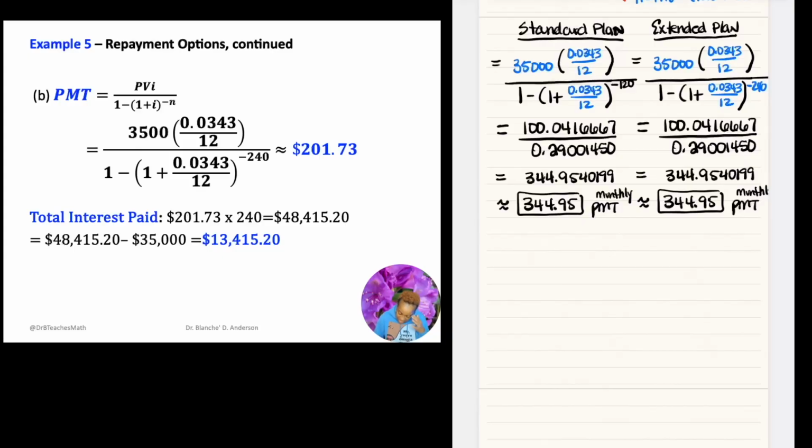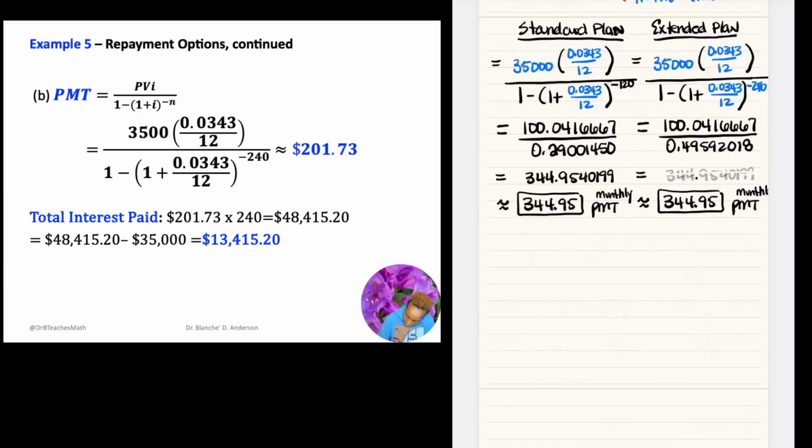So the numerator is the same, but this denominator, when you do the math in your calculator, you should get 0.49592018.